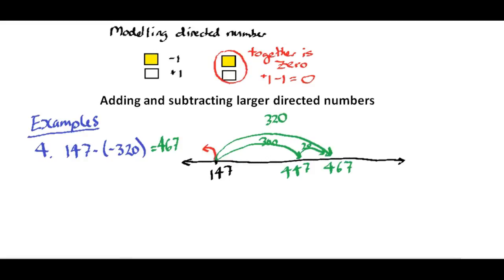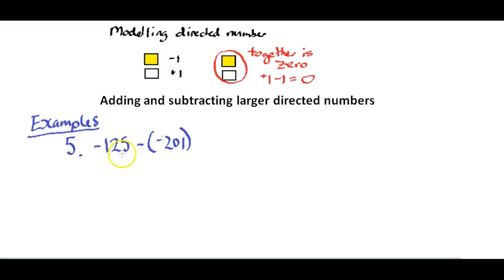So when I see 2 signs together that are the same, whether they're plus and plus or whether they're a minus and a minus, I can replace them with a plus. So 147 plus 320, and that's a problem that we've done before, even without knowing about directed number.